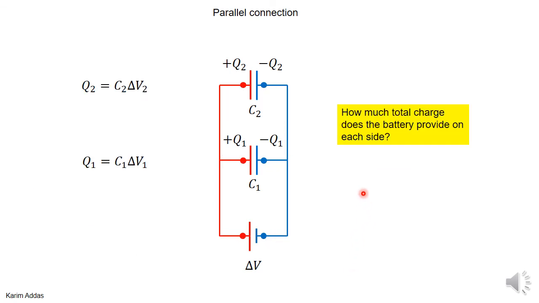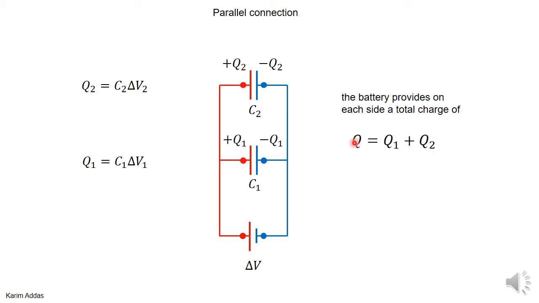So the question we want to look at now is to replace these two capacitors by one capacitor that does the same job. Before we do that, we need to know how much total charge the battery provides on each side. On the left side, how much charge does the battery supply? It supplies Q1 and Q2, so a total amount of charge of Q1 plus Q2.